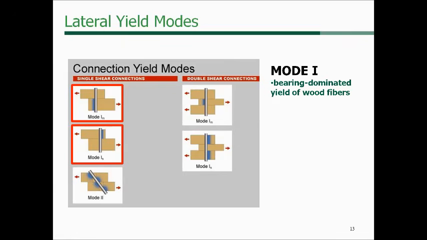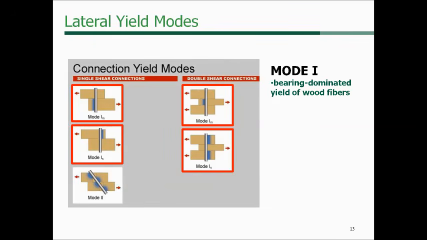What we call mode 1M or 1S, that's shown here inside the red box, is a bearing dominated yield of the wood fibers. And so you see to the left of the dowel here in the 1M figure, to the right of the dowel here in the 1S figure, it's showing crushing of the wood fibers. And so that's a bearing dominated yield, and we'll need a dowel bearing strength to determine capacity for that particular fastener.